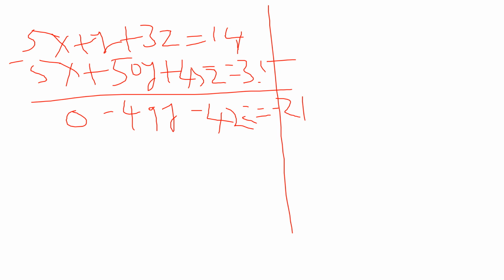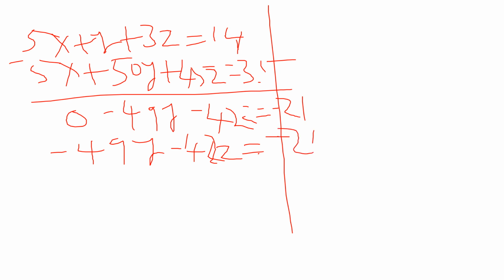So now our second equation is equivalent to negative 49y minus 42z is equal to negative 21.